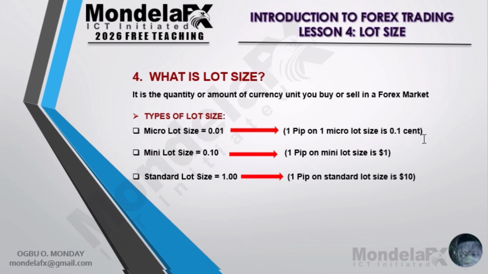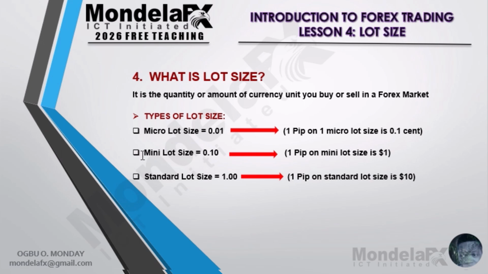When it goes up 1 pip, which I talked about in the previous lesson, once it moves 1 time like this, it's going to give you 0.1 cents. Once it moves 10 times, it's going to give you $1, because when you multiply 0.1 times 10, it's going to be 1. Done. That's the explanation of this first one.